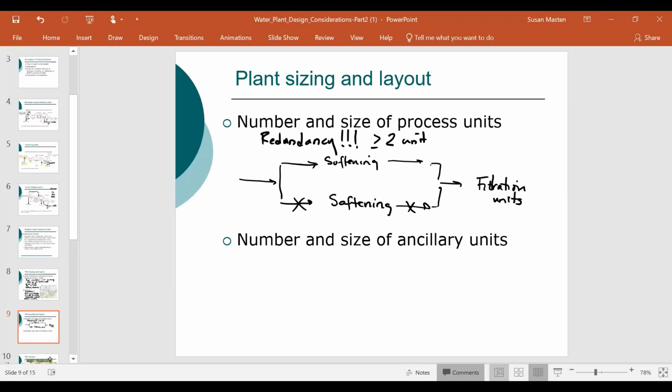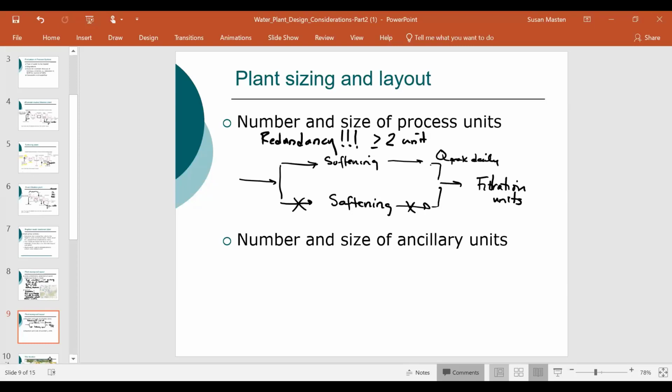They alternate taking one of these treatment trains down for maintenance, and then they process the entire flow, okay, their peak daily flow can be treated through one of those treatment trains.